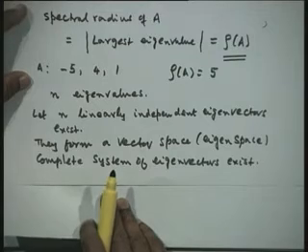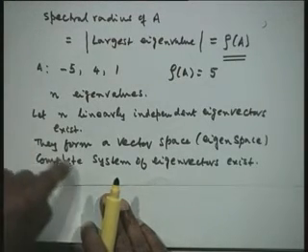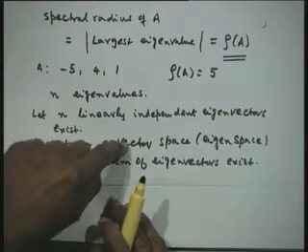Similarly, in this space, if I take any vector y, I can write y as a linear combination of the eigenvectors x1, x2, x3, up to xn.